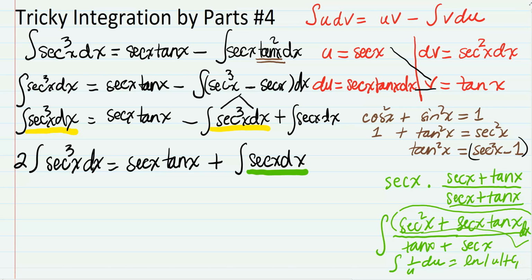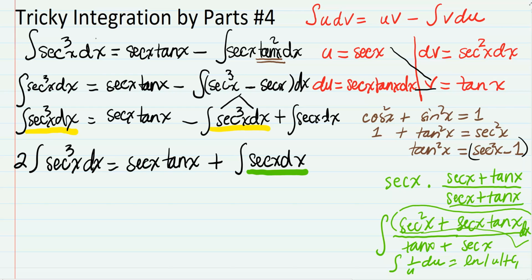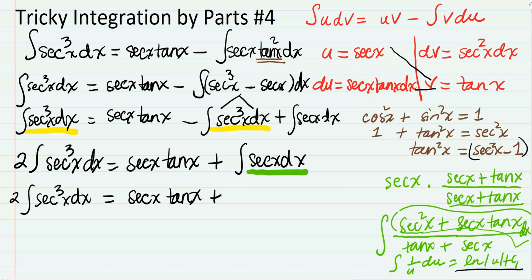So if we go back to our problem, let's rewrite the rest of it first. 2 times the integral of secant cube x dx is equal to secant x tangent x plus that antiderivative, that would be ln of absolute value of tangent x plus secant x, right?